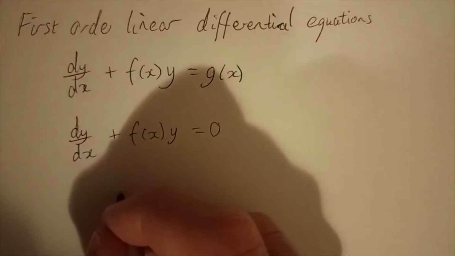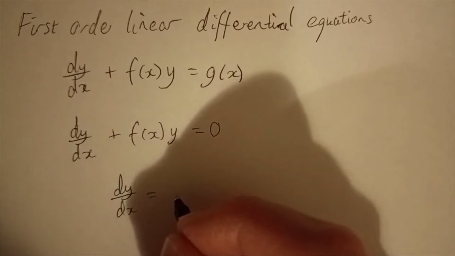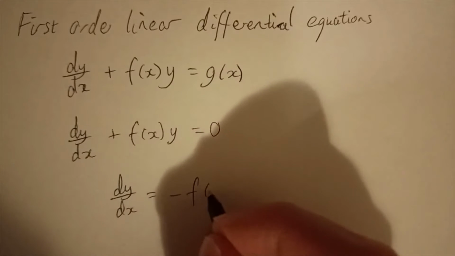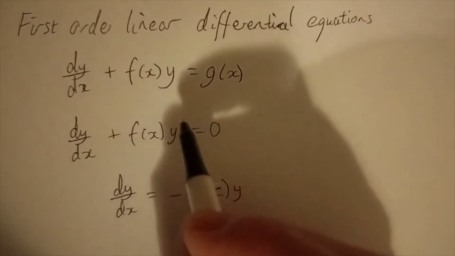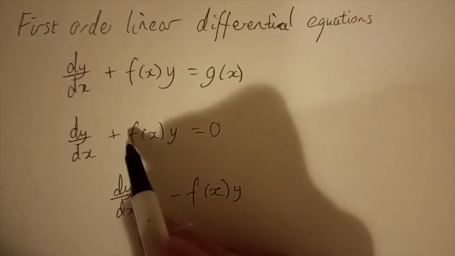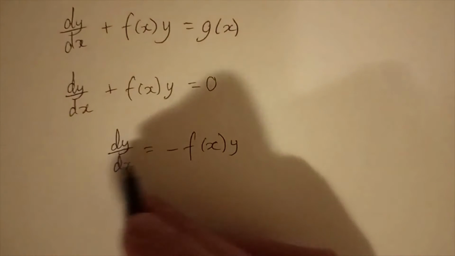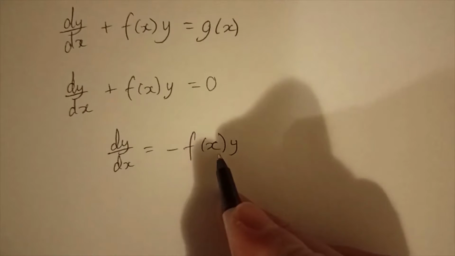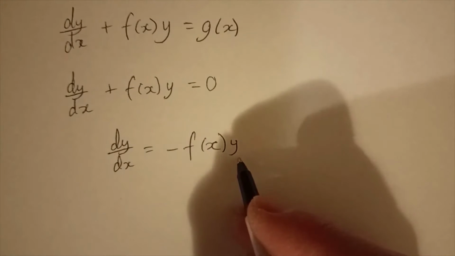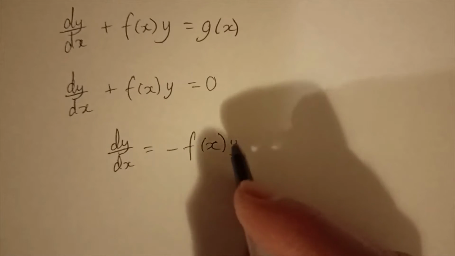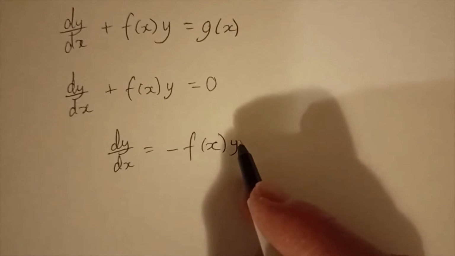And that can actually be written like this: dy/dx equals negative f of x times y, just subtracting this term from both sides. And now we have dy/dx equals some function of x, namely negative f of x, times y, which is itself a function of y. In this case, it's just y itself, but it's still a function of y.